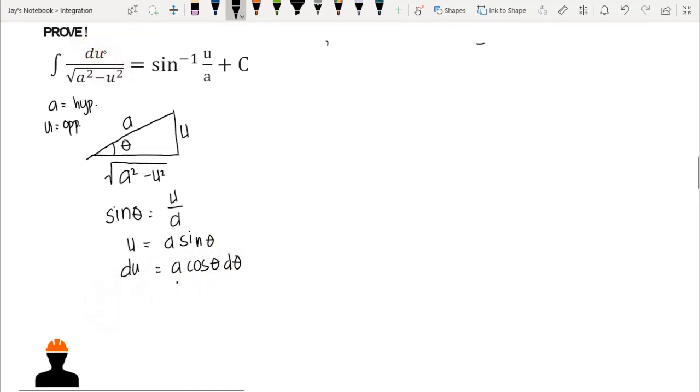So we have the integration of du over square root of a squared minus u squared, then our du is a cosine theta d theta over the square root of a squared minus u squared, correct?